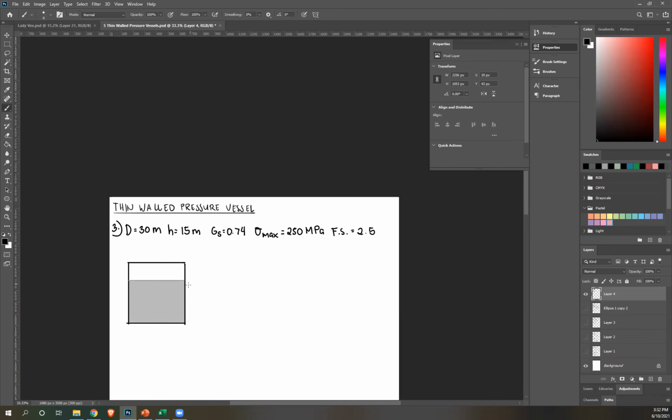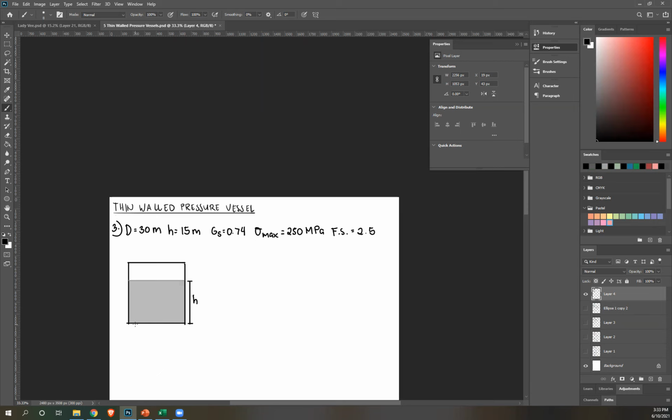And this is that height, H. That's your 15 meters. And we want to know the required thickness here at the bottom of the tank. Now, the reason why the bottom of the tank is important is because for liquids, pressure gets higher the deeper it gets.